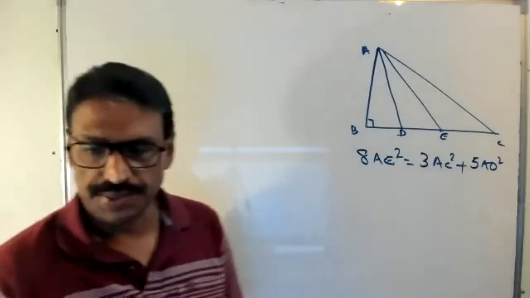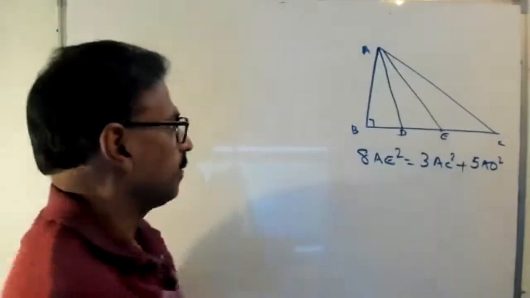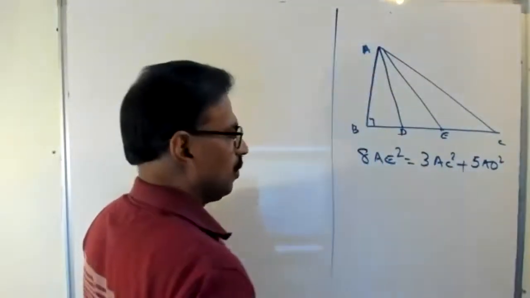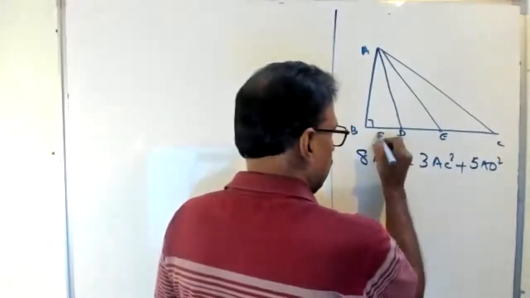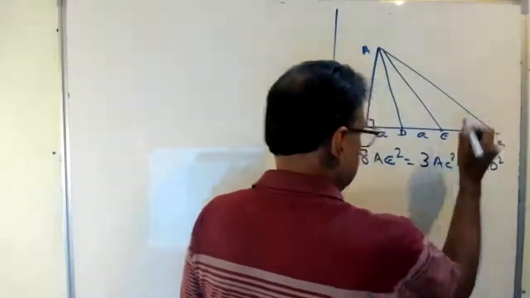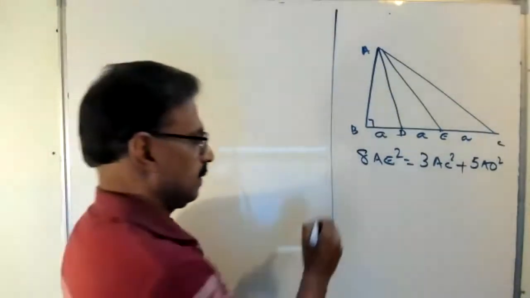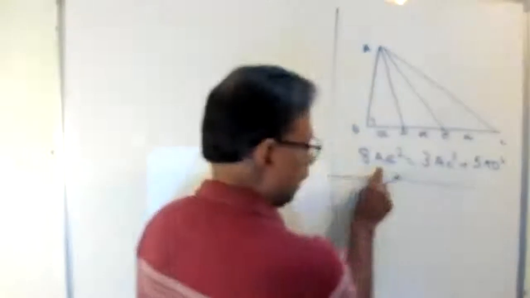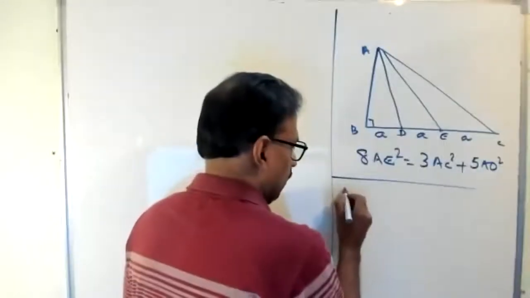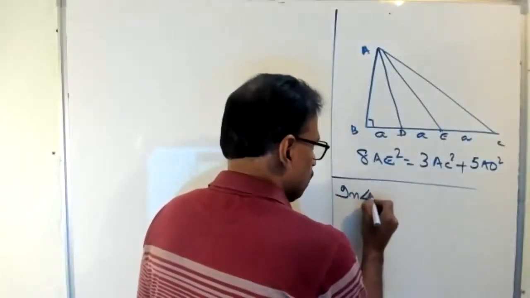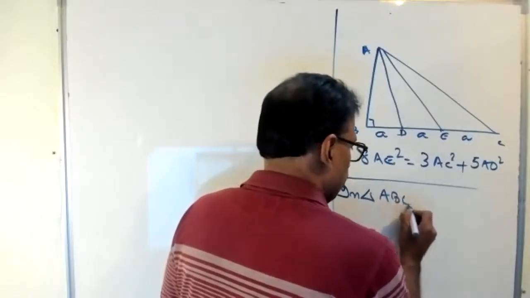I'll show this one. Look at here. We assume that this is A, trisect, all equal sides. Don't write down. Here, first I'm taking AE square in triangle ABE.